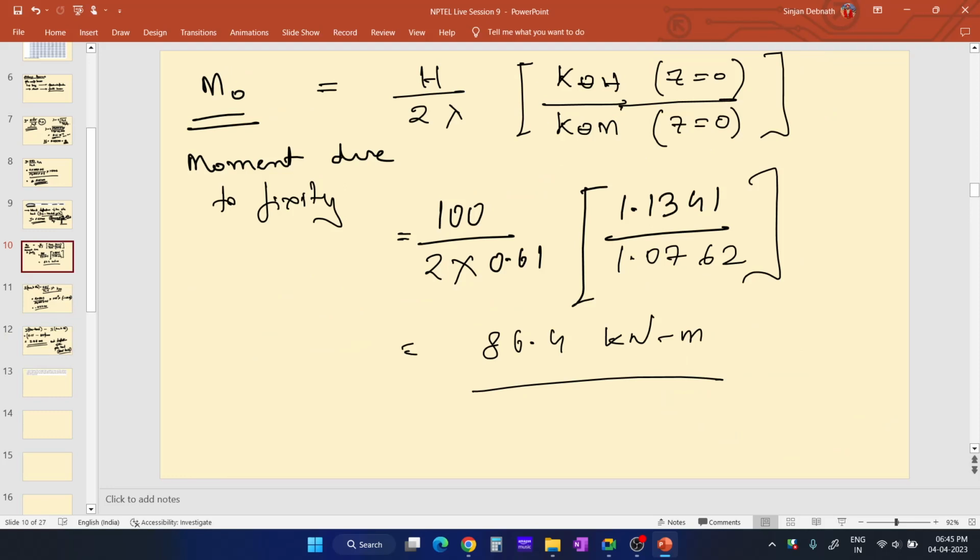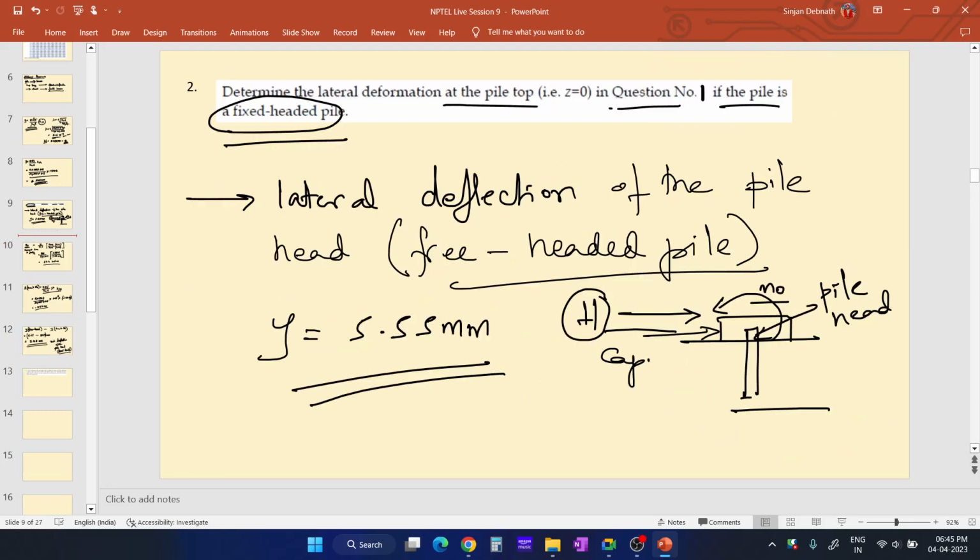Now see the direction of the deflection, the sign. The free-headed deflection is positive because it will try to deflect in the positive direction, that is in this direction.